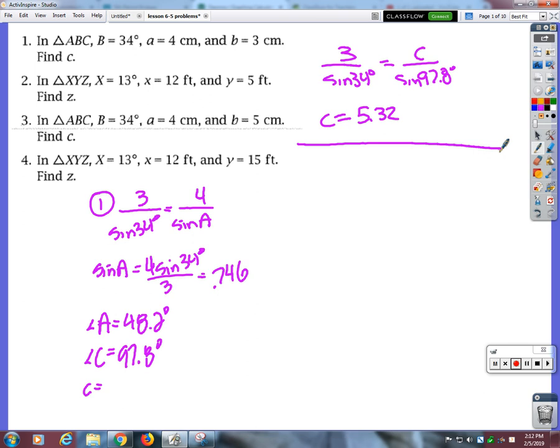Here's the new part. In this case, there could be a second triangle, okay? And the way we're going to find that second triangle is I'm going to take the very first angle that I found, and I'm going to subtract it from 180, because that would be what the angle would be in the second triangle.